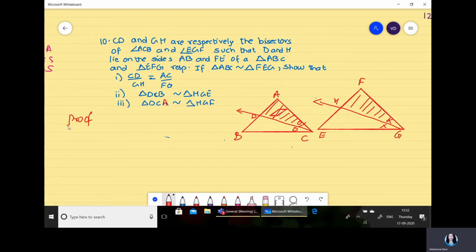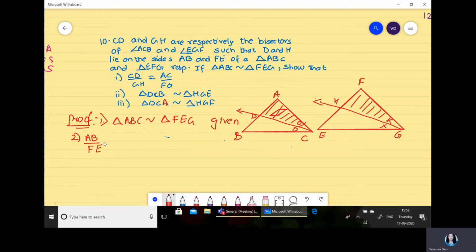Now, if I want to prove that the two triangles DCA and HGF are similar, we require at least two criteria to prove that, right? Either AA, or SSS, or SAS. Now let's write what is given. It is given that triangle ABC is similar to triangle FEG. And we all know that if triangles are similar, then all three sides are proportional.